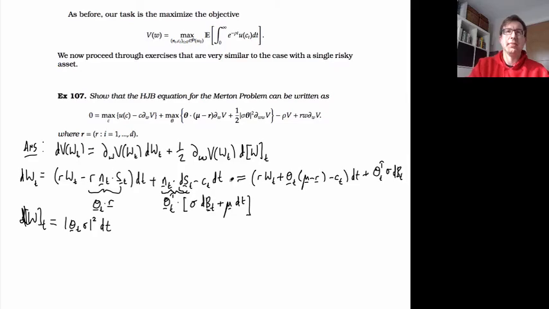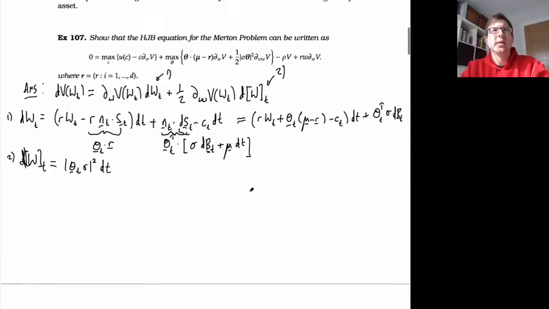Now we can put all of this together to look at what the drift term of this expression is. I'm going to substitute 1 and 2 here and here, and collect some of the terms together.